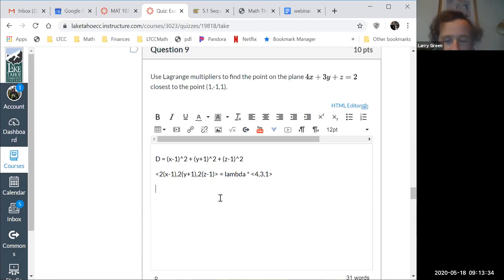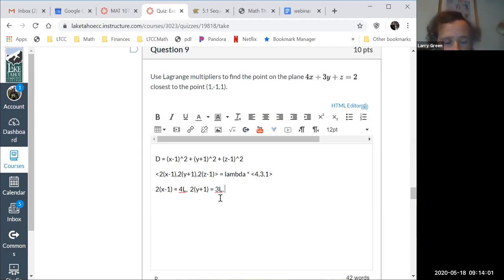Okay, so now we can write down the equations. We have 2 times x minus 1 is equal to 4 lambda. And I'm just going to use L for lambda, less typing. And then we have 2 times y plus 1 is equal to 3L.